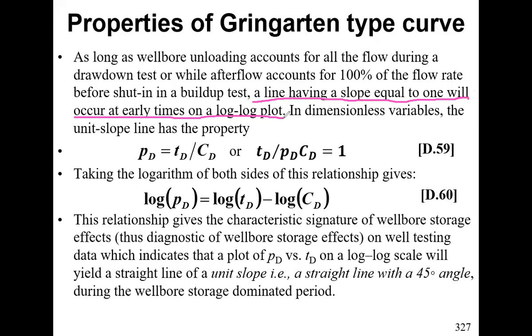In dimensionless variables, the unit slope line has this property: the dimensionless pressure is equal to the ratio of dimensionless time to dimensionless wellbore storage. Let me reiterate that a line having a slope equal to 1 will occur at early times on a log-log plot.